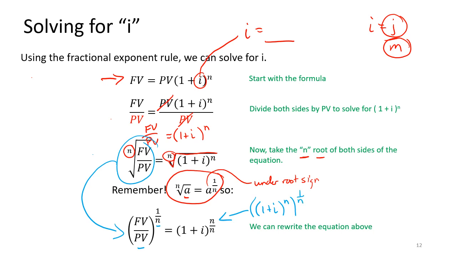And if you remember having an exponent raised to another exponent, it's the same as multiplying those two exponents together. So it's 1 plus I to the n times 1 over n, which is 1 plus I to the n divided by n. So that's the step I took there.